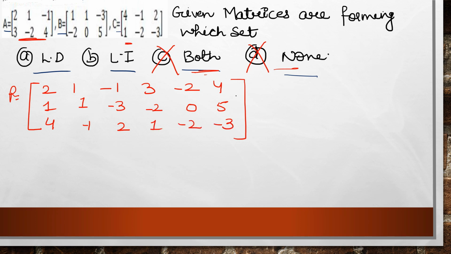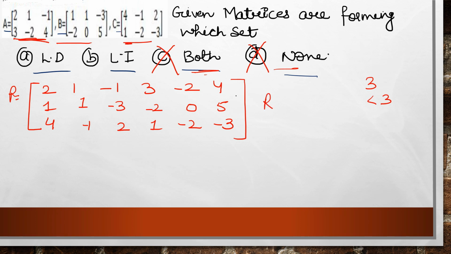Now I'm concerned with whether this matrix has rank 3. How many vectors do we have? 1, 2, 3. So we want to check whether the rank of this matrix is 3 or less than 3. Obviously this is not a square matrix, so we cannot use the determinant method, because a determinant is possible only for a square matrix. So we have to go with the rank method.